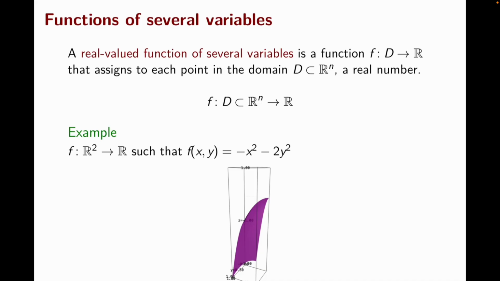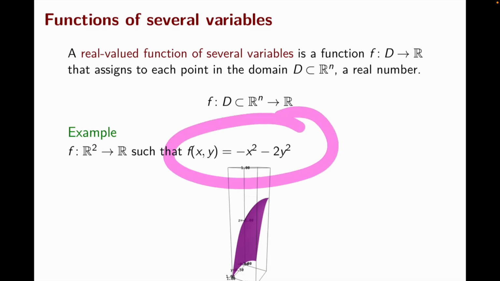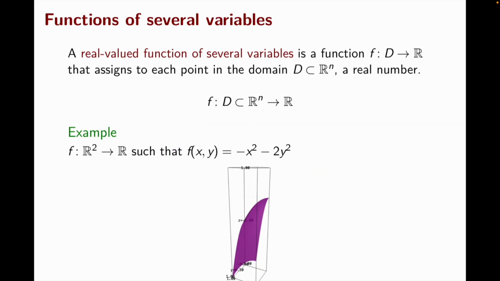So let's see, for instance, this particular example. This is an example of another function from R2 to R again, where what this function does is take an x and y, and give minus x squared minus 2y squared. Well, again, given values x, y, we find out the value of z.